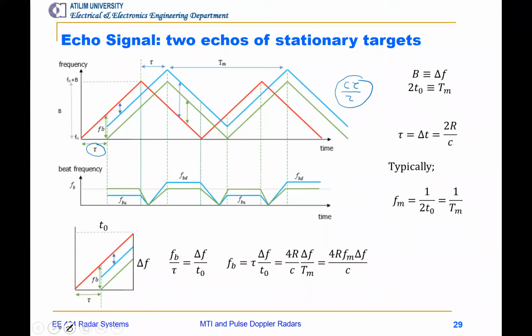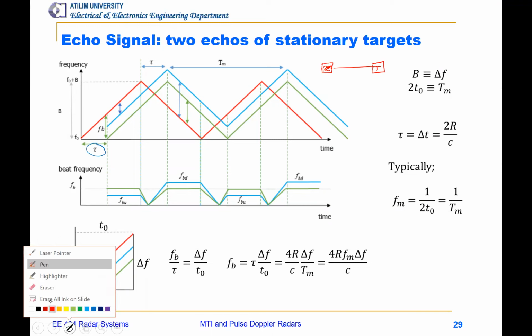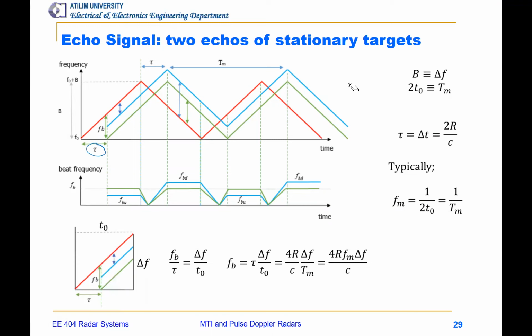Sorry, let's remember the distance. Let us write that. We have the transmitter here and the target here, the radar. Okay, remember this.